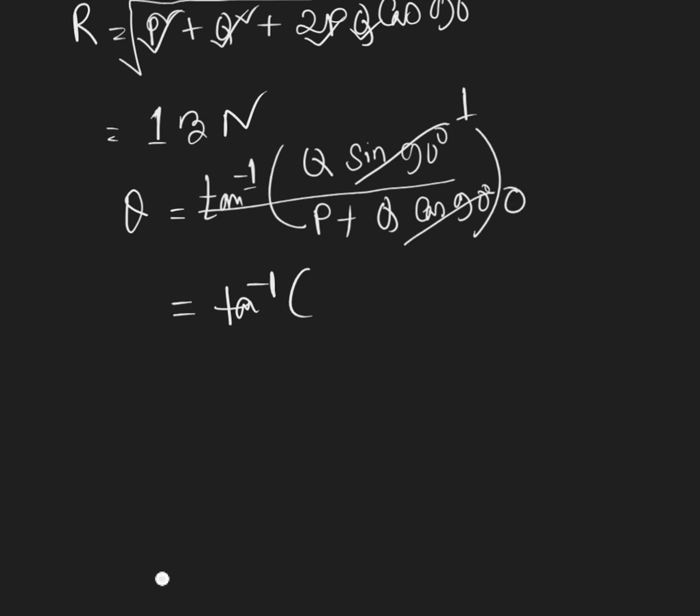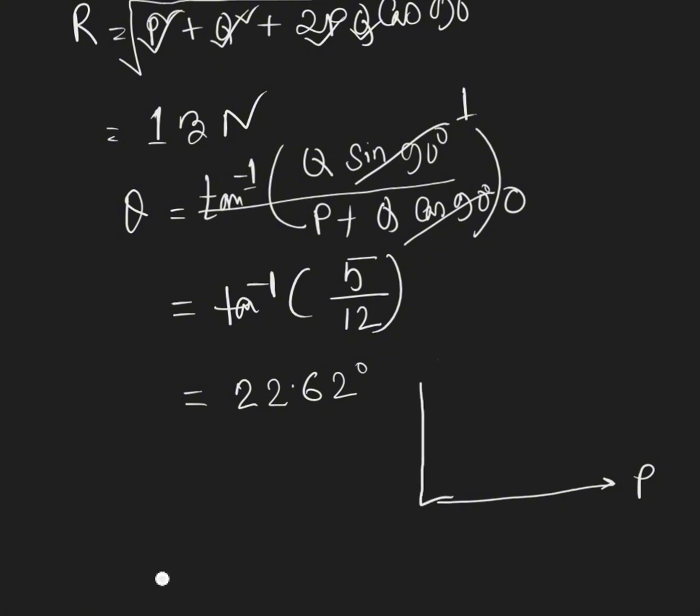So we could write down the value of Q is equal to 5, and the value of P is 12. Right? So after calculation, we will have 22.62 degrees. So here is the vector P, and here is the vector Q, and they are perpendicular.